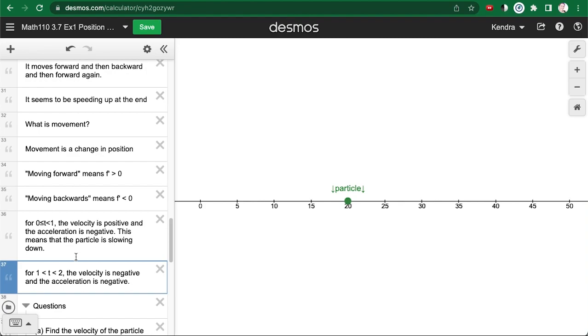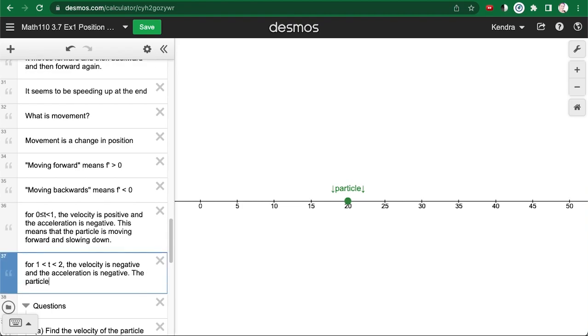I should have said in the first part, the particle is moving forward and slowing down. So in this case, the particle is moving backwards because the velocity is negative.